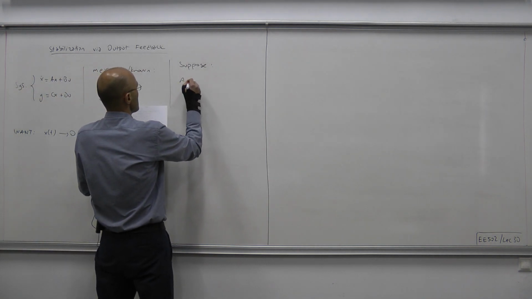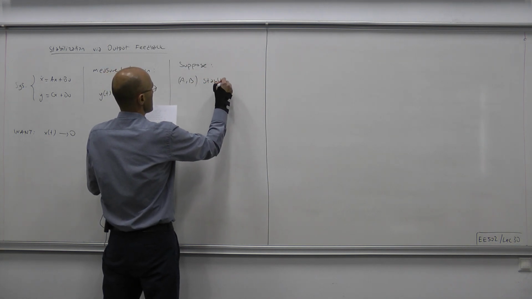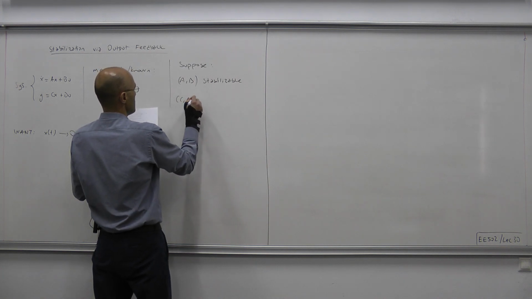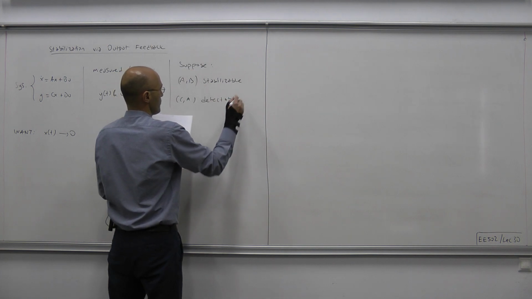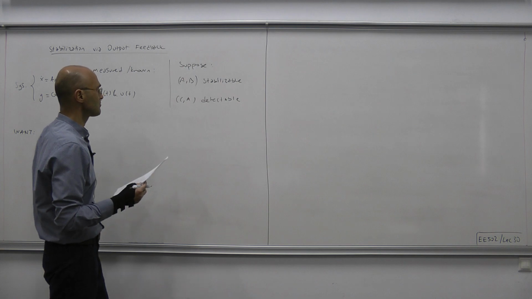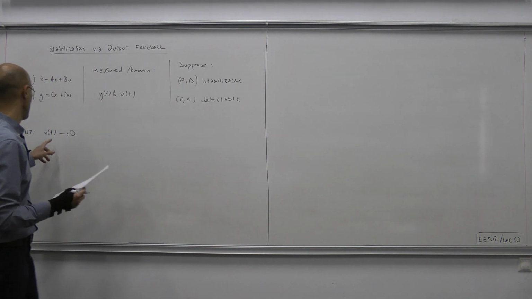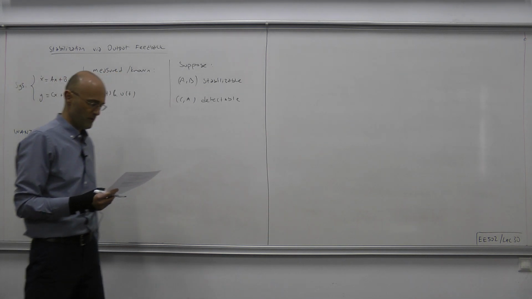Suppose that (A, B) is stabilizable and the pair (C, A) is detectable. If either of these conditions is missing, then we cannot achieve this goal. We cannot stabilize the origin by output feedback.